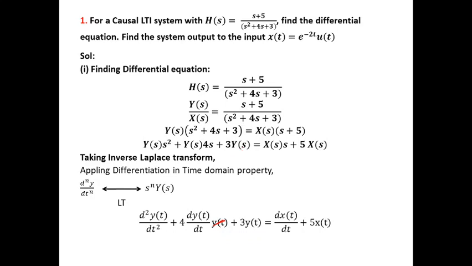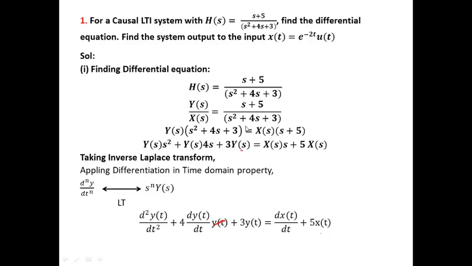So taking the inverse, 3Y of s you will be getting 3y of t, is equal to s into X of s. The same differentiation in time property, s has the power of 1. So it will be dx of t divided by dt plus 5X of s, inverse will be 5x of t.